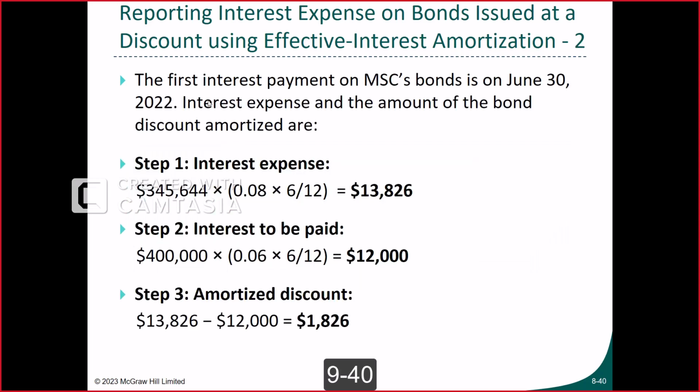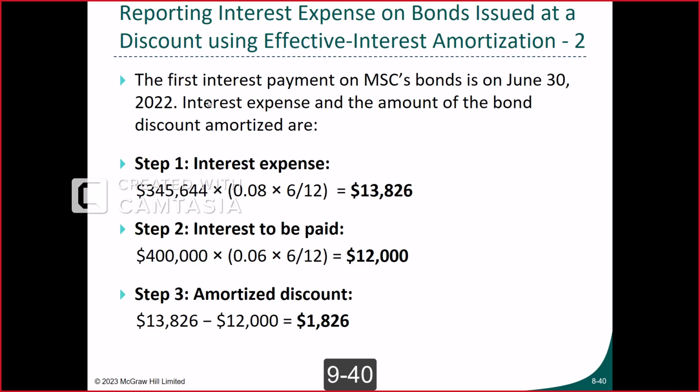The carrying value of the bonds, the book value at the day of the issuance, is the cash amount you received at the day of the issuance, $345,000. That is the carrying value of the bonds.